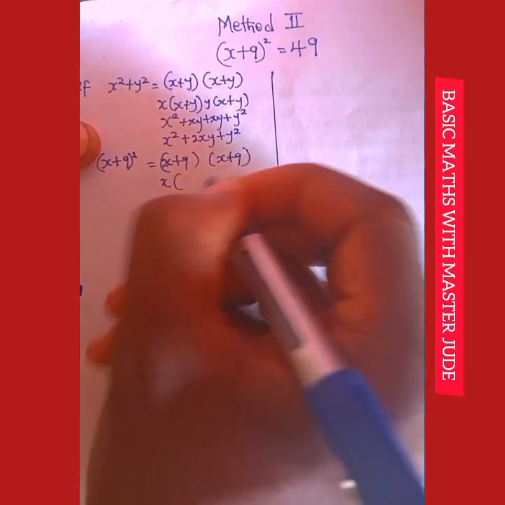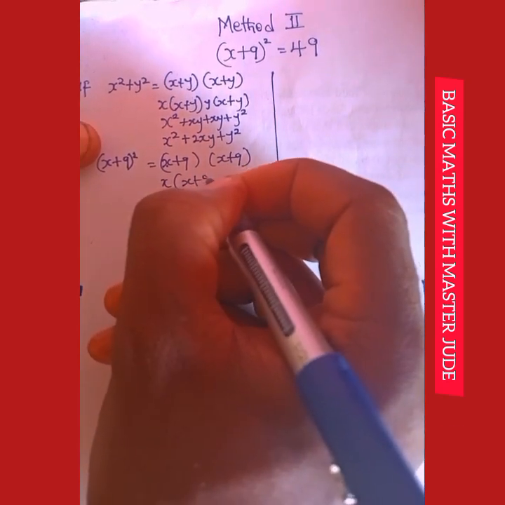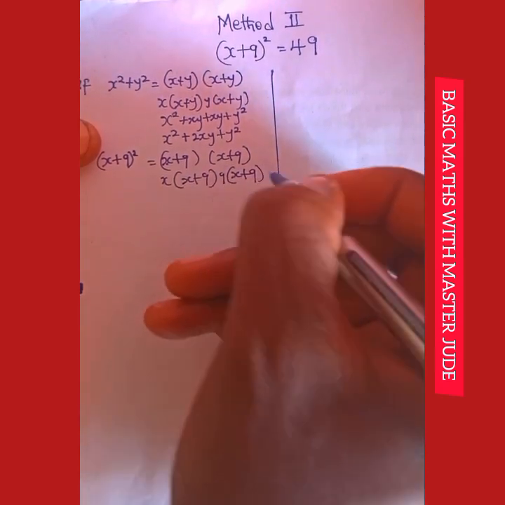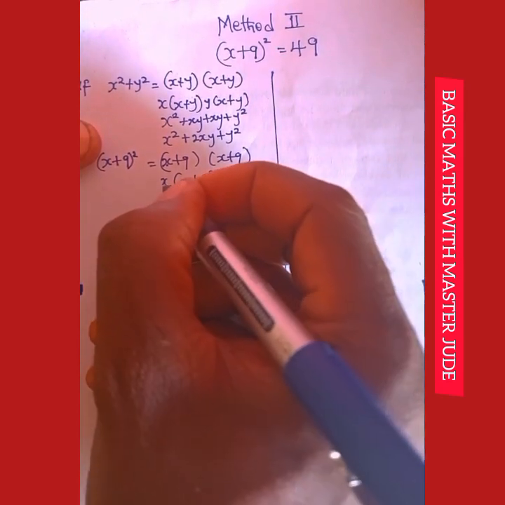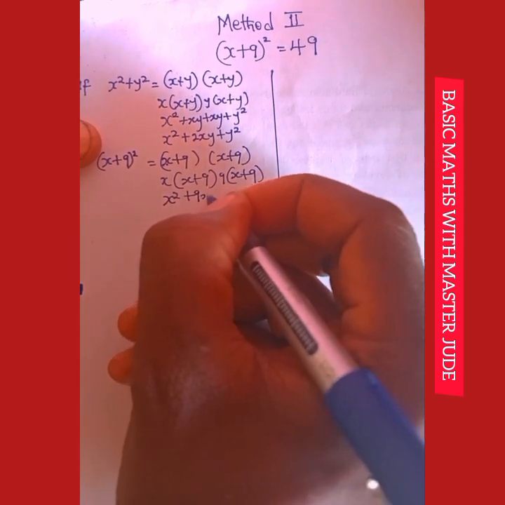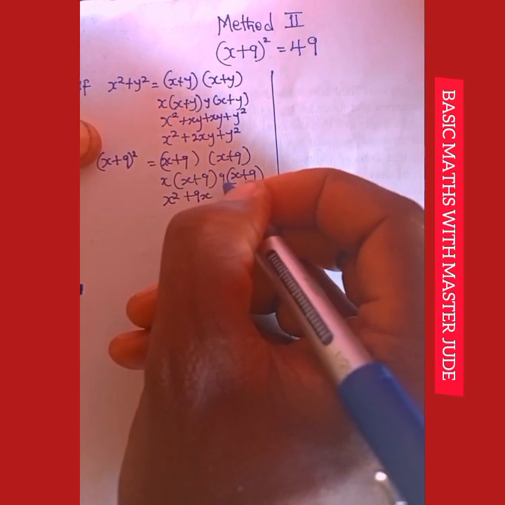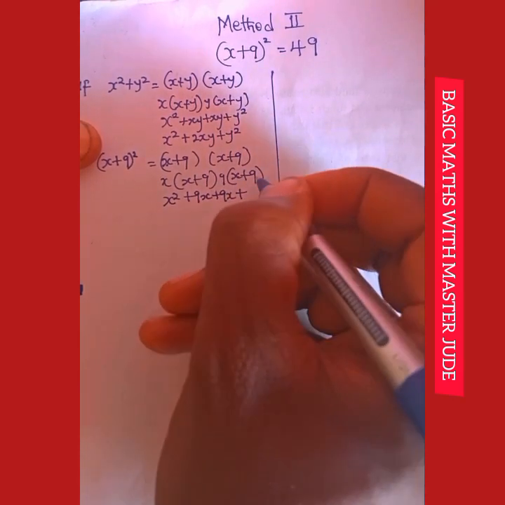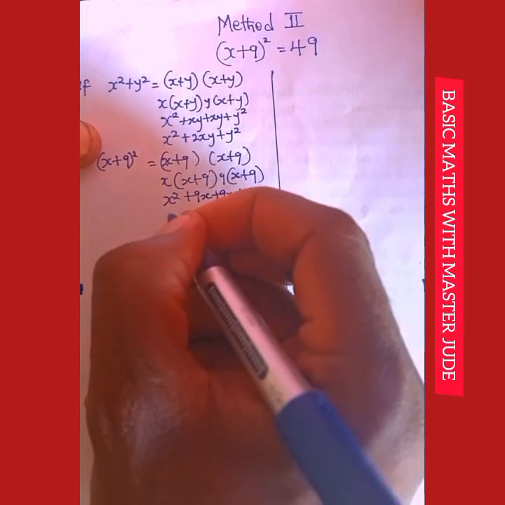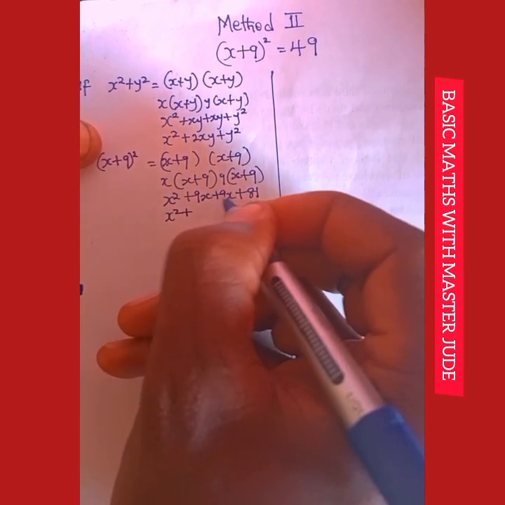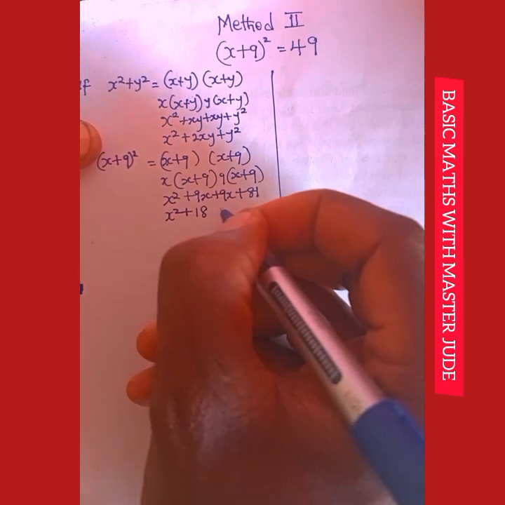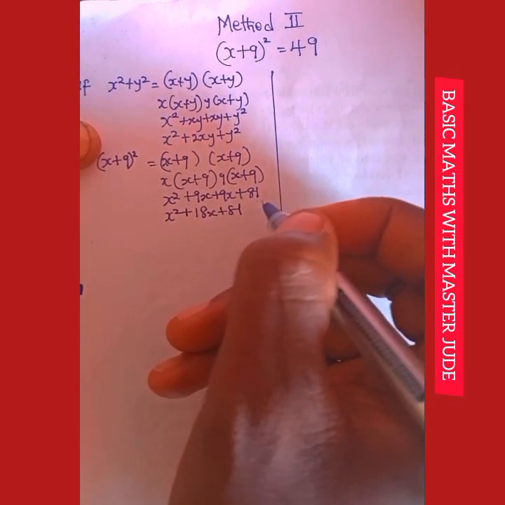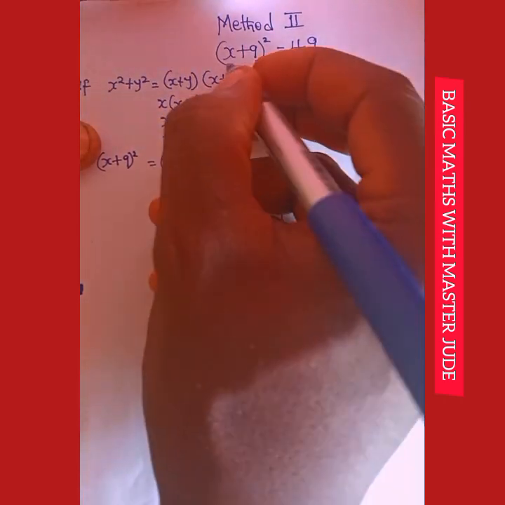This x will multiply the second bracket x + 9, then this 9 will multiply the second bracket also. x times x gives x², x times 9 gives 9x, 9 times x gives 9x, plus 9 times 9 gives 81. Then I'm left with x² + 9x + 9x, which gives 18x + 81.